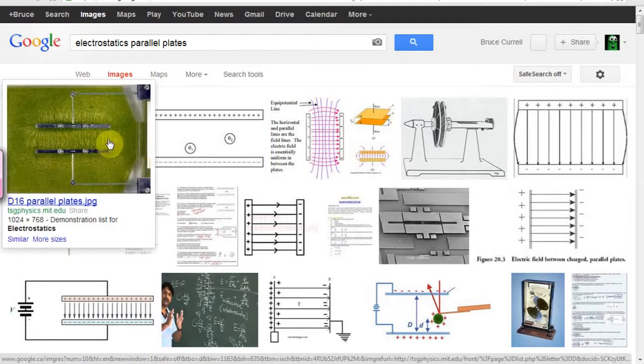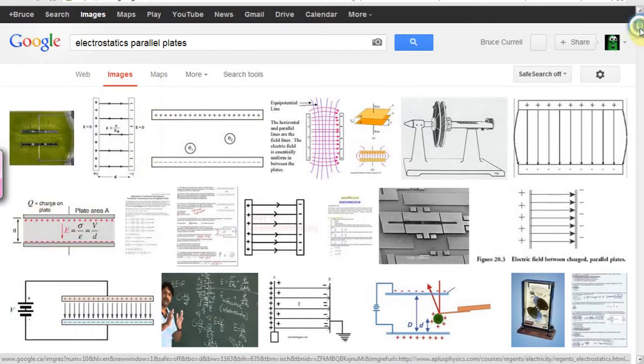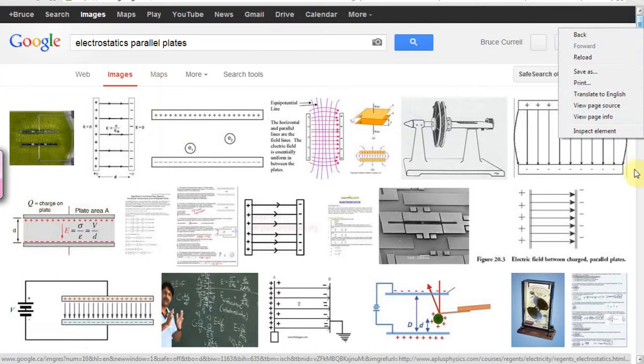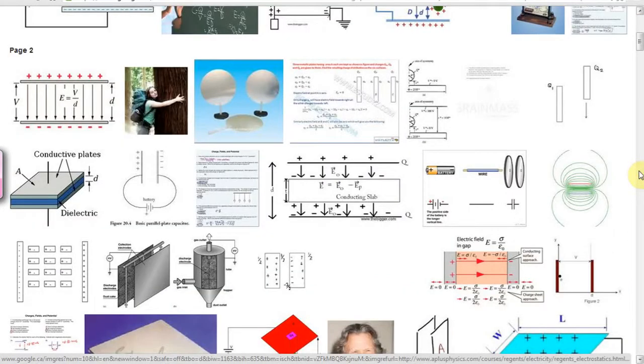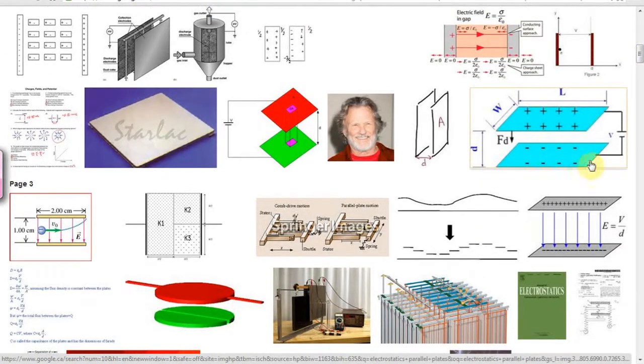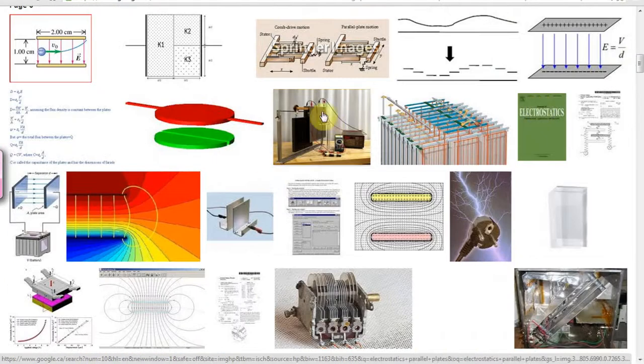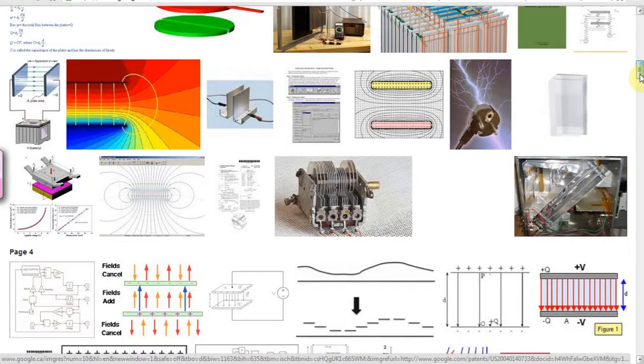There's even actual experiments where you can start seeing the E field actually in the liquid or in the iron shavings. Okay? And as you go down, you can just see all the different things. They're showing the large parallel plates with voltages on them, and then people actually constructing them and showing the actual physics of them, what's going on.